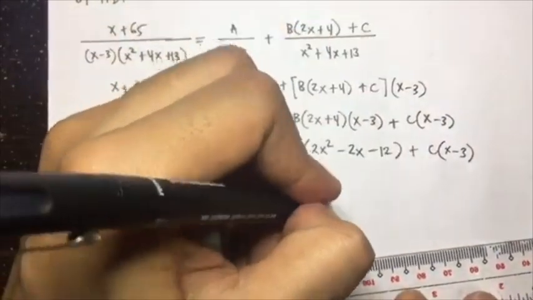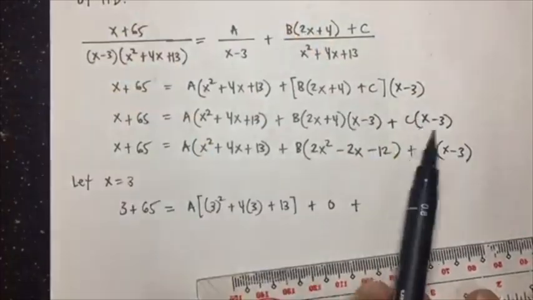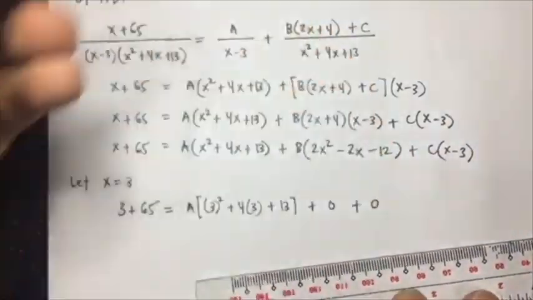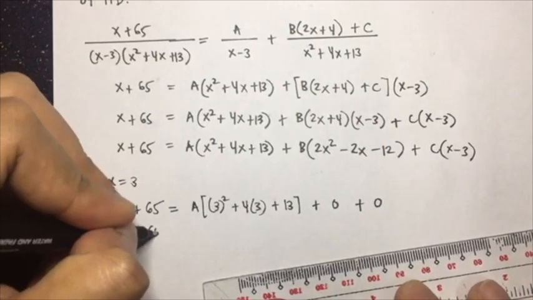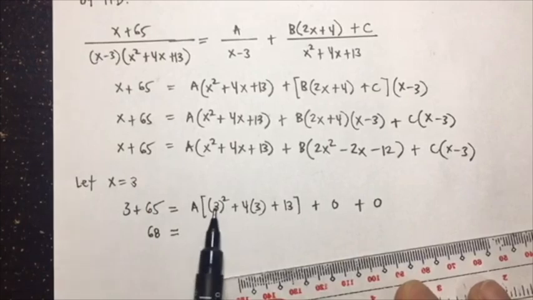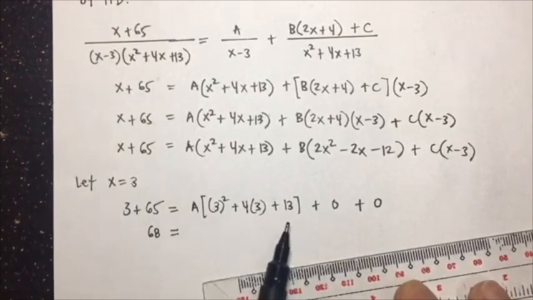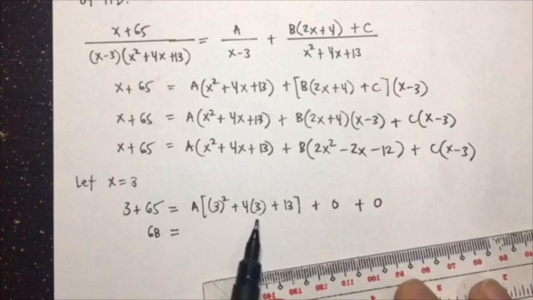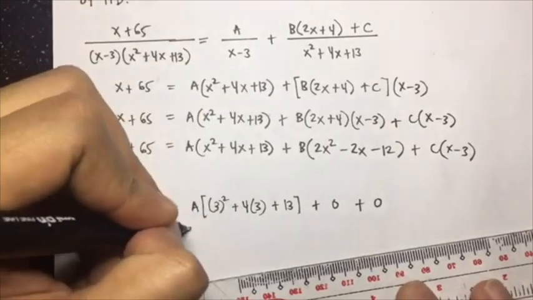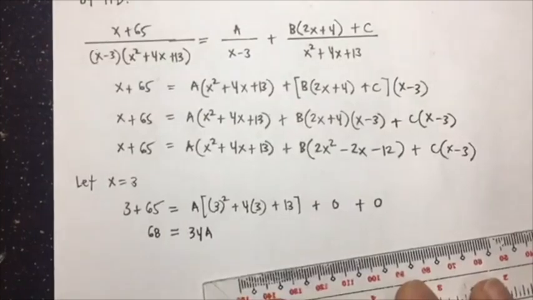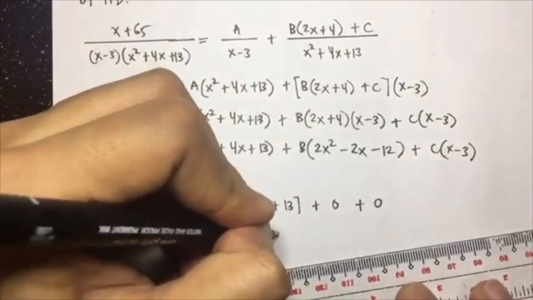So b will now become 0, and also with this third term. So we can solve directly for a. So 68 is equal to 9 plus 12 plus 13. 9 plus 12 is 21, 21 plus 13 is 34.